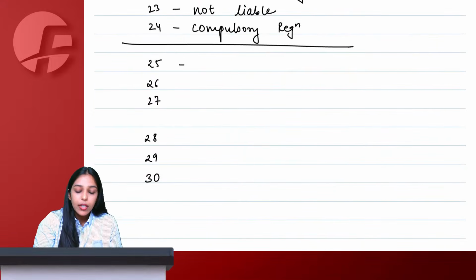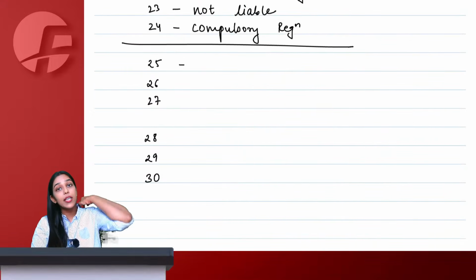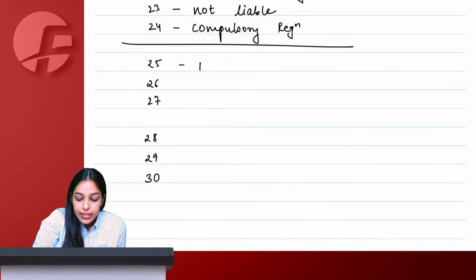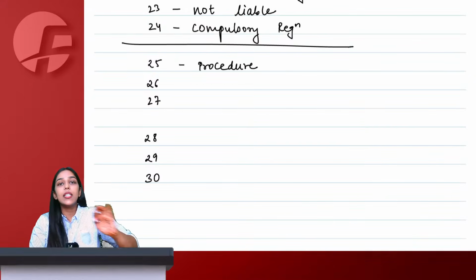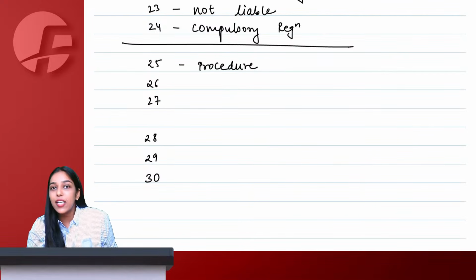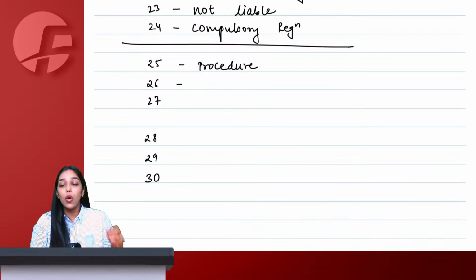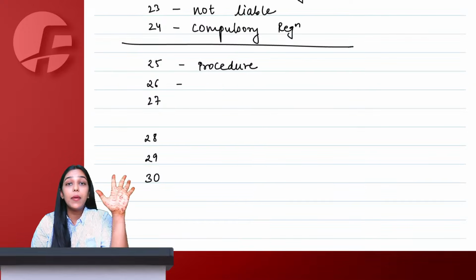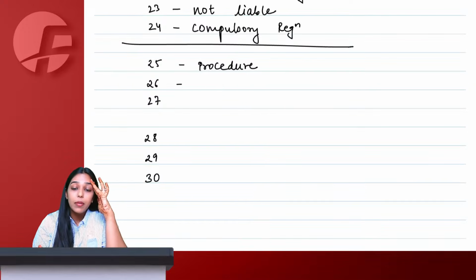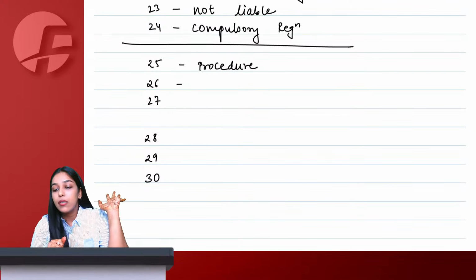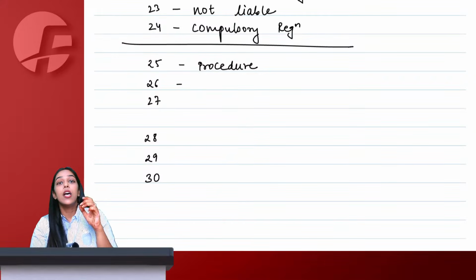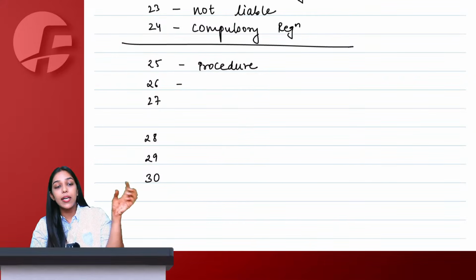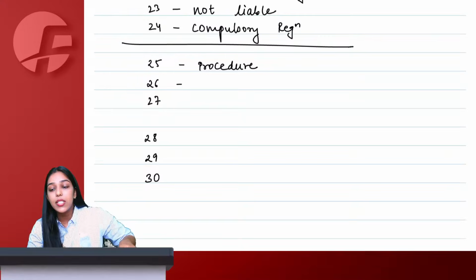Then 25 said, okay, understood, we have to take registration, but how? At least tell us the procedure. So the entire procedure of taking registration under GST comes in section 25. Oh my God, this big procedure, I am tired. Will the government tell us to do this procedure separately under the CGST Act, SGST Act, IGST Act and UTGST Act?